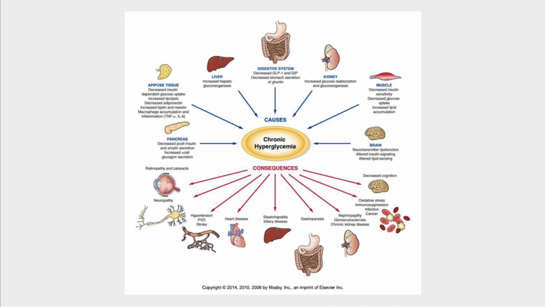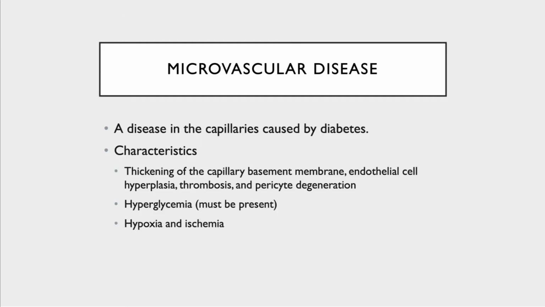This picture you probably remember from patho, talking about the causes and effects of chronic hyperglycemia. Remember, microvascular disease is one of the problems that we worry about, and the pathology is that it causes thickening of the capillary basement membrane, and that causes the disease that we see from microvascular beds.